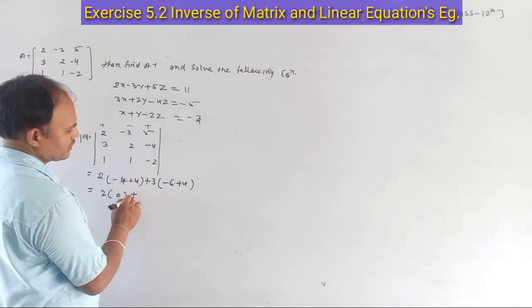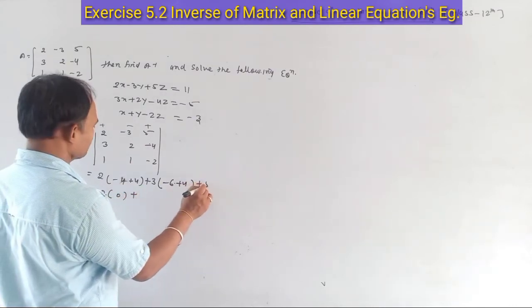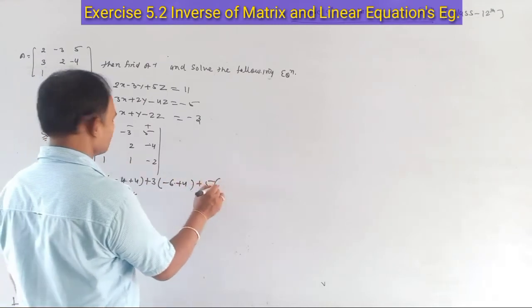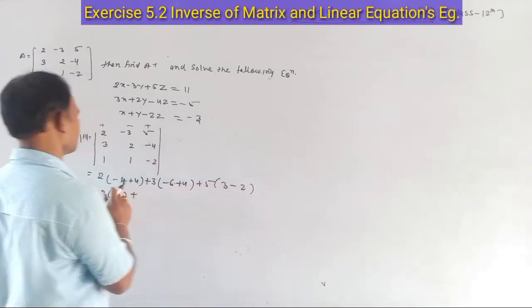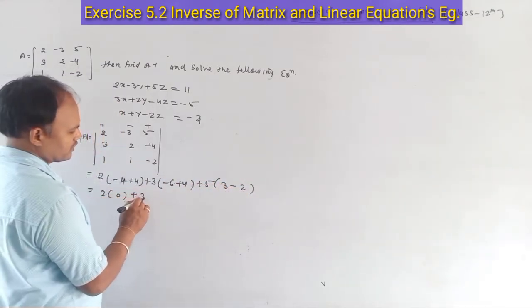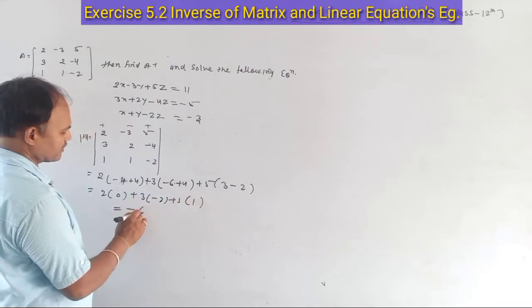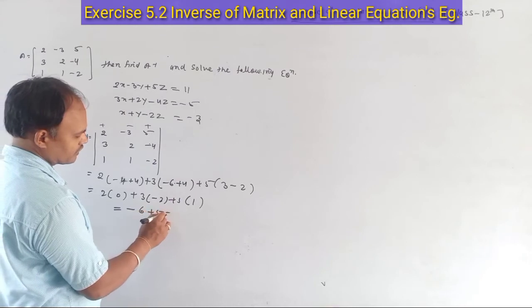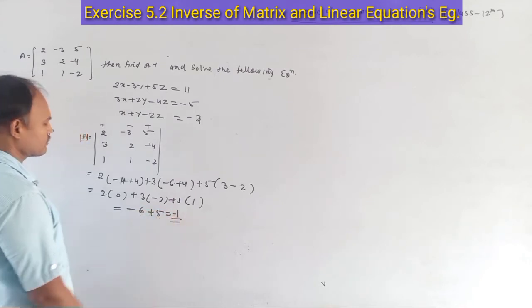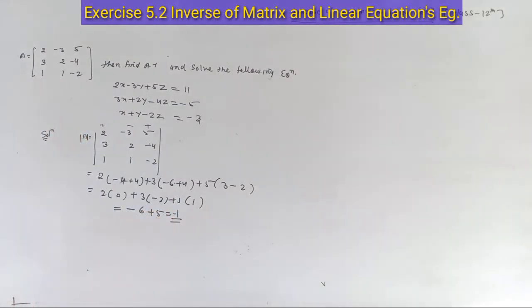Then minus minus 3, so plus 3 times minus 6 plus 4, which is minus 2. Then plus 5 times 3 minus 2, which is 1, so minus 6 plus 5, so it is minus 1. So students, determinant of A equal minus 1.